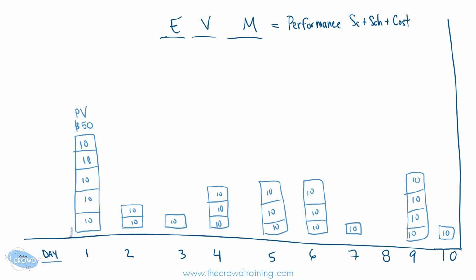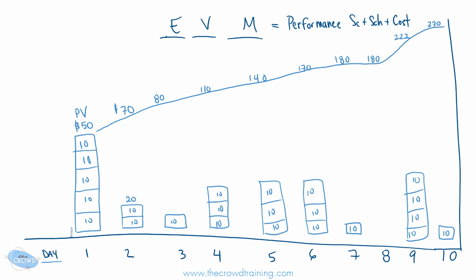Planned value then for day 2: at the end of day 2, we expect the 20 plus the 50, which is 70, and then another 80, and then 110, 140 by day 5, 170, 180, still another 180, then 220, and then 230. So again, if we were going to draft this with a number curve, roughly something like that.